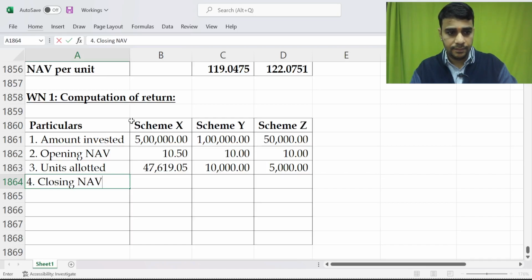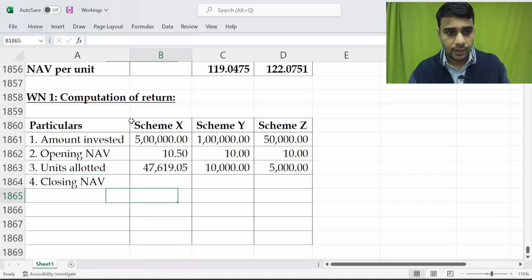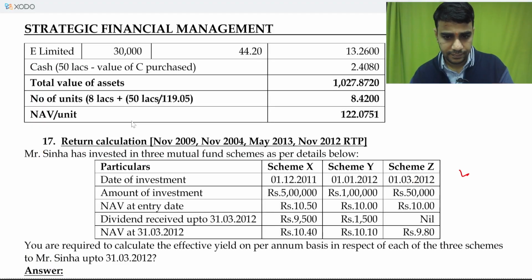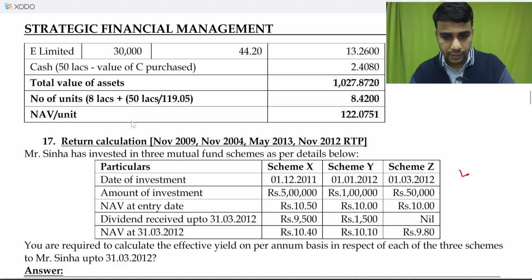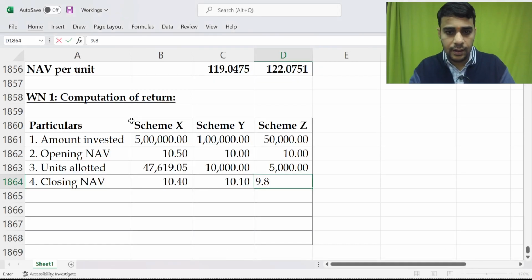Closing NAV. What's the NAV given? 10.4, 10.1 and 9.8.